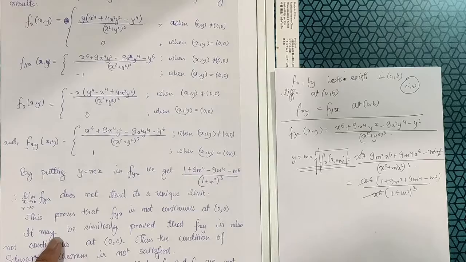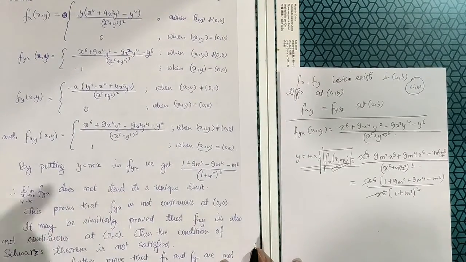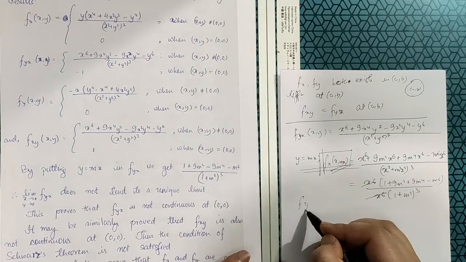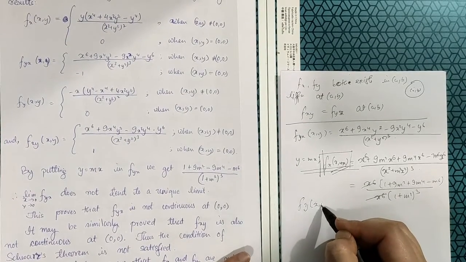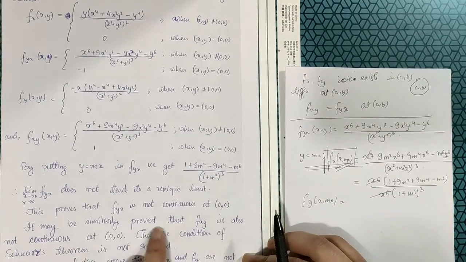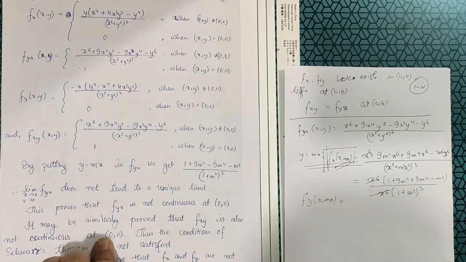So as this does not exist, we can also prove that f_xy at the same point does not exist. Similarly we can prove that f_xy is also not continuous at this point.